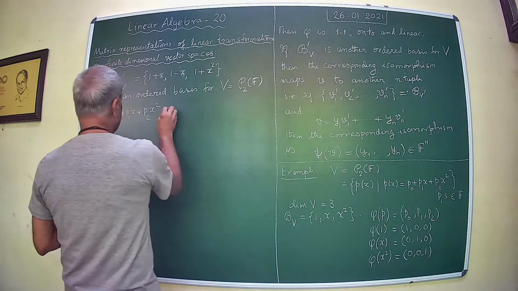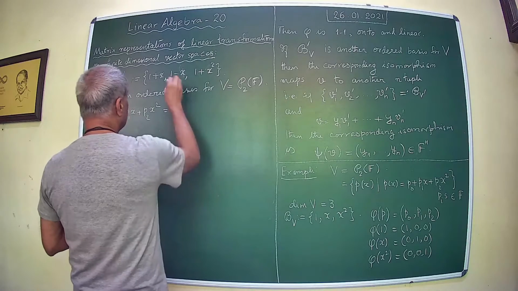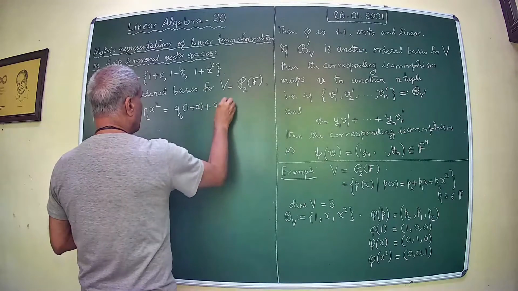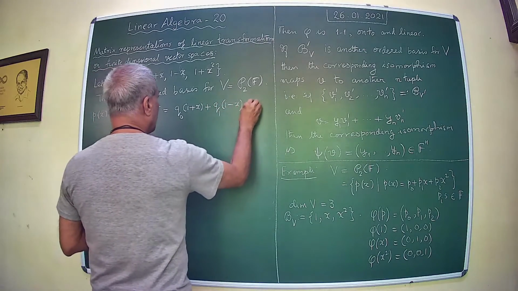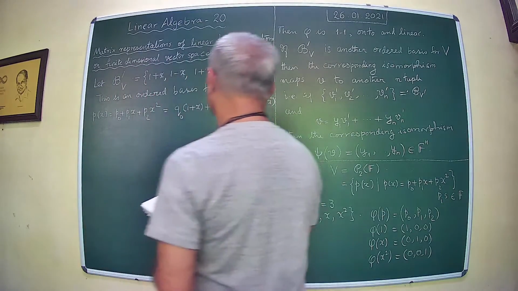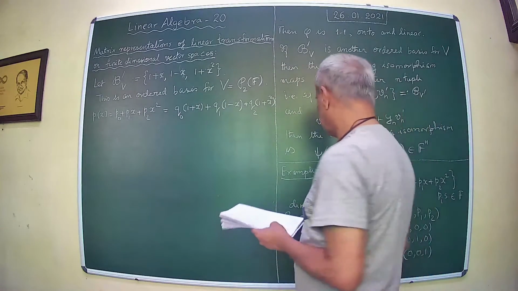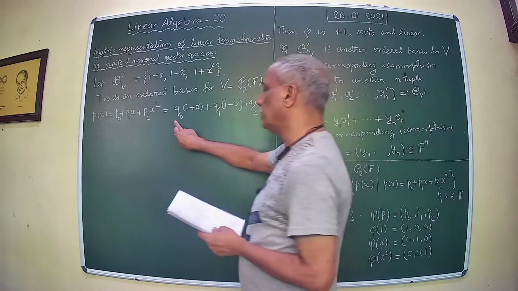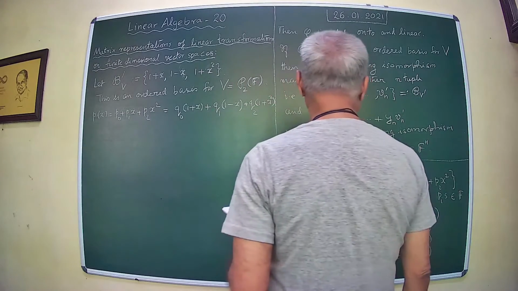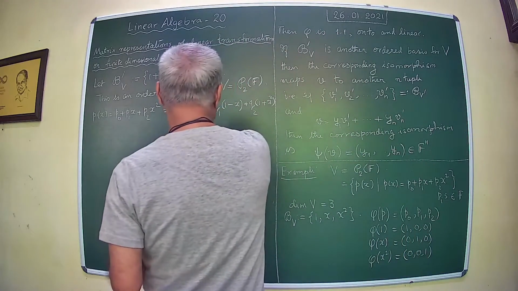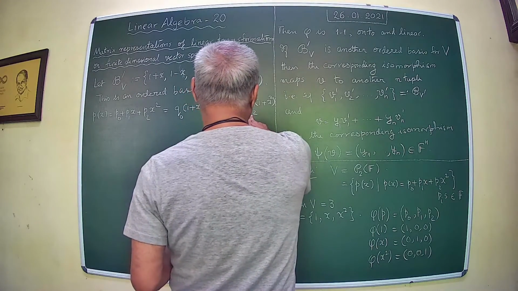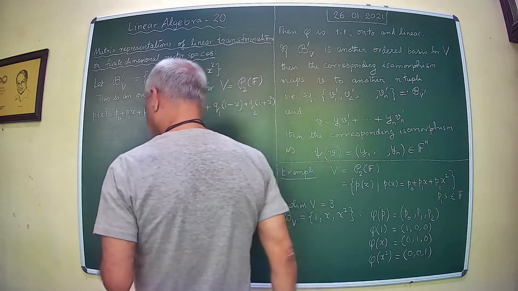Now this can be written as q0 times the first element, that means x1 v1 prime plus x2 v2 prime, or y1 v1 prime plus y2 v2 prime plus y3 v3 prime.